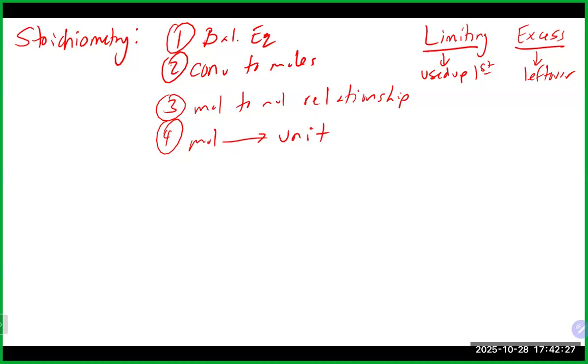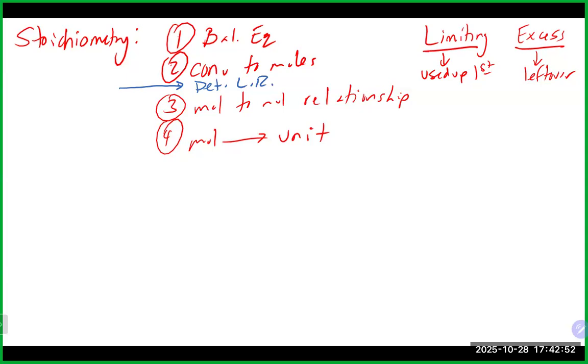We talked about a few different ways to approach those problems. One way is really our same basic four steps, but right around here, you determine the limiting reagent. In this process, you figure out how much of one reactant is needed to use up all of the other reactant.